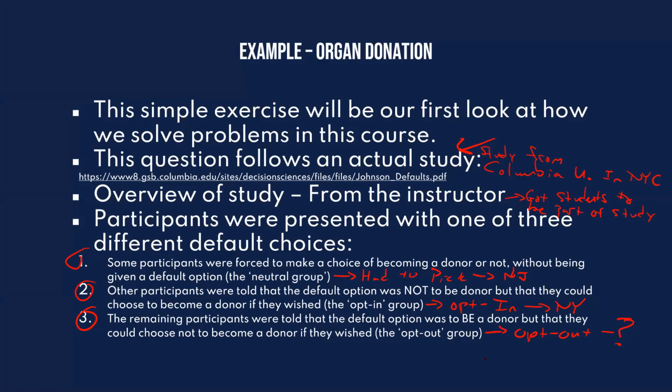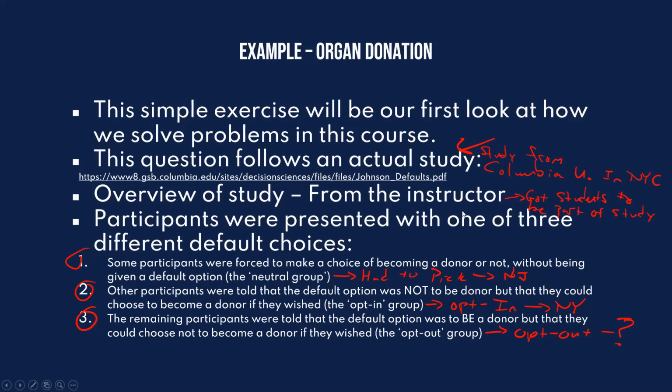Not a bad guess. Number 3, that's a good one too. Which one do you think will be the lowest? Maybe, I don't know. So this is what we have to find out.